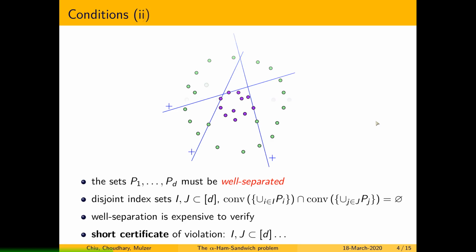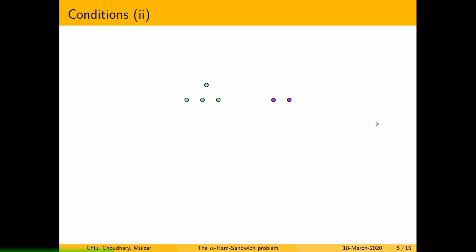There is one more condition which is illustrated by this example here. So we can have many colorful sets. We define this line which contains 4 green points and 2 violet points. However, if instead I want only 1 violet point and 3 green points, then there is no solution.